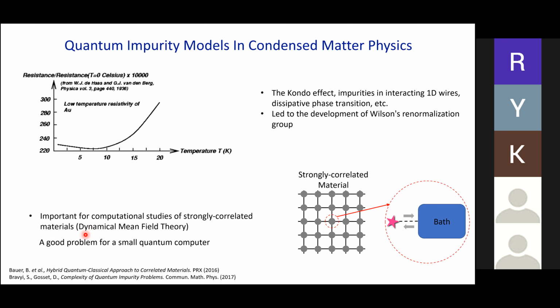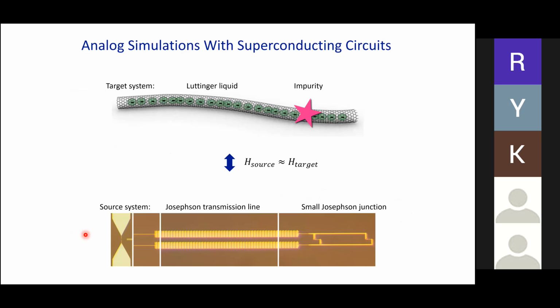So our approach is analog. What we do is use superconducting circuits. For example, here I show you an example of a quantum impurity model, which is a backscattering impurity in a Luttinger liquid, and it's our target system. And we use Josephson junctions to fabricate a system which will have approximately the same Hamiltonian as our target system.